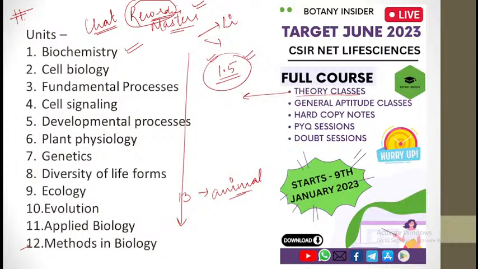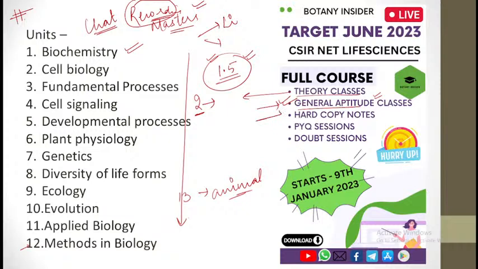So both ways it is functional. It depends upon how you are comfortable. In addition, on every alternate day, this is the schedule which will be given to the students who have enrolled, we'll have general aptitude classes, depending upon the student schedule. So every day you will be getting 2 hours of tutoring from my end in the live session.